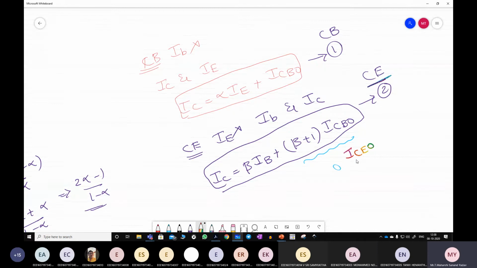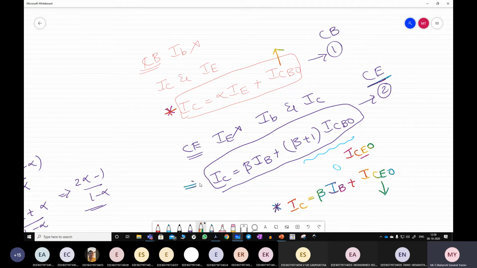That's why the reverse saturation current is ICE naught. So the end relation will look something like this: IC is equal to beta IB plus ICE naught. Same as this equation only. Here it is common base, that's why ICB naught. Here it is common emitter, that's why ICE naught. Both are same. You can use either this one or this one. Clear or any doubts with these relations?